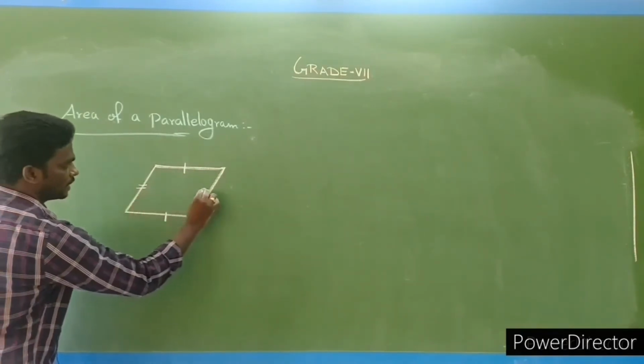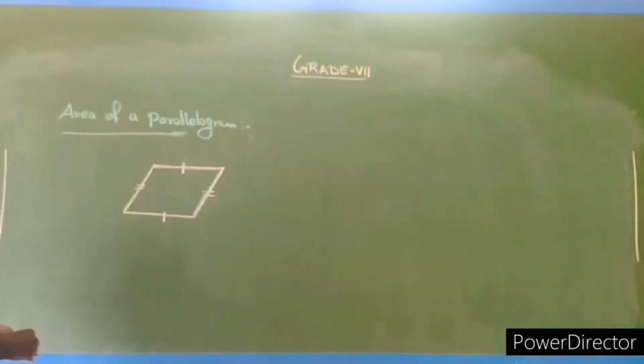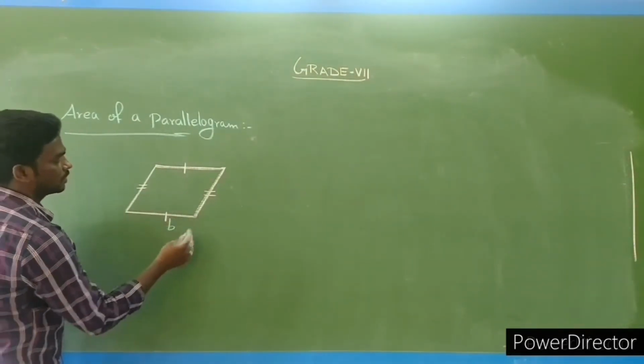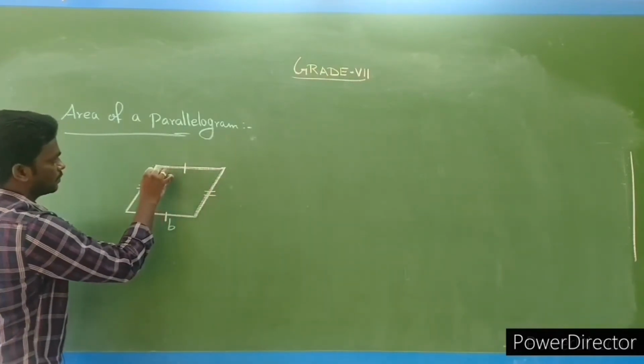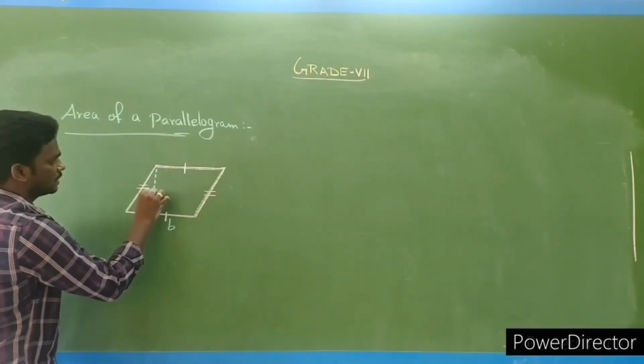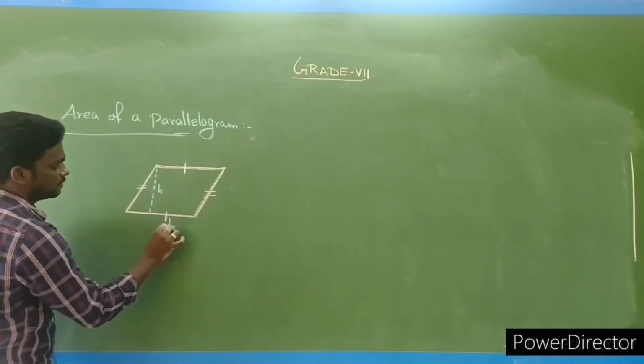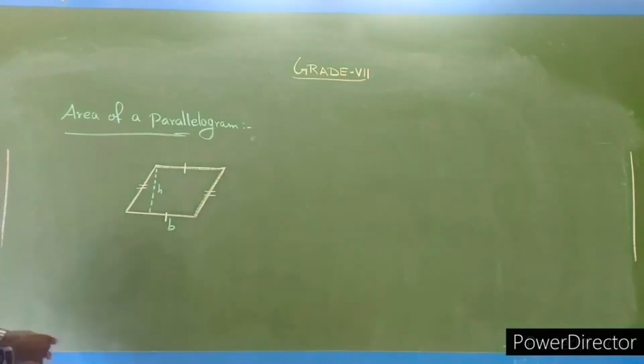Opposite sides are parallel and equal here, and this side is called what is that? Base of the parallelogram, and the perpendicular distance between the parallel sides is called height of the parallelogram. Here B is the base and H is the height of the parallelogram.